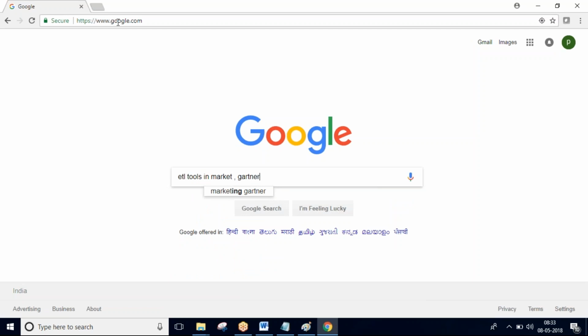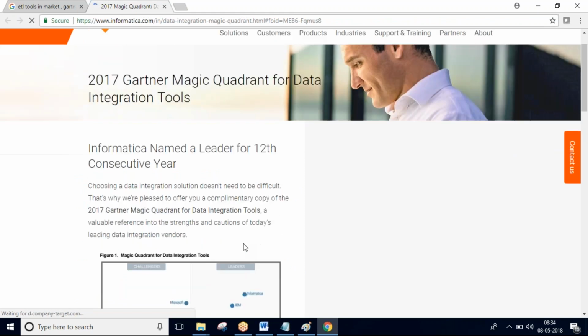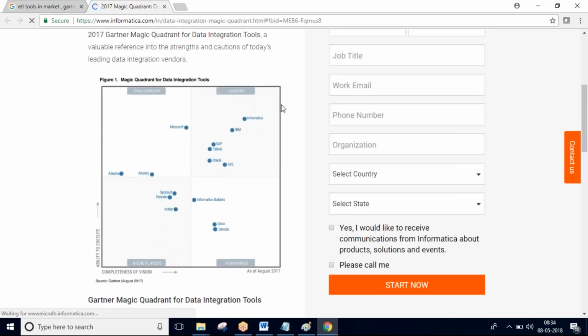So we can even refer to the Gartner chart. This is your 2017 Gartner chart, and you could see the market position of other players. Informatica is here, followed by DataStage, and Oracle is very far back, and SAP is your SAP BODS.